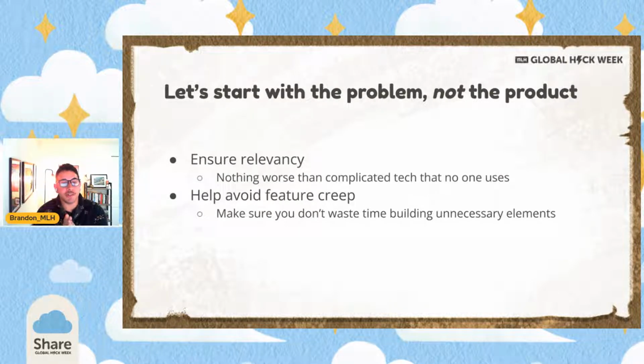Thematically, we are going to learn how to start with the problem and not the product. Whenever we're thinking about our projects, whether we're at conception, halfway through, or at the end, when we're thinking about what to do next and how to prioritize it, we're going to focus on the underlying problem that inspires the project and not just on the tech itself.